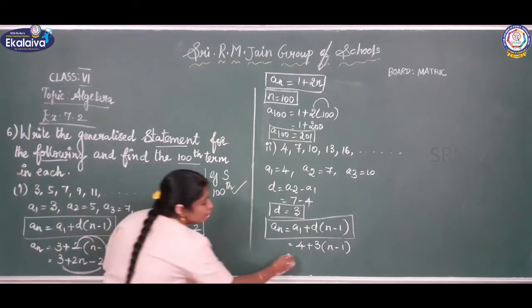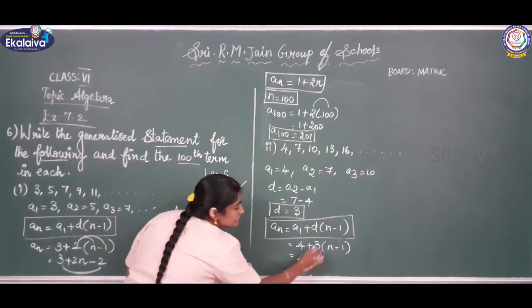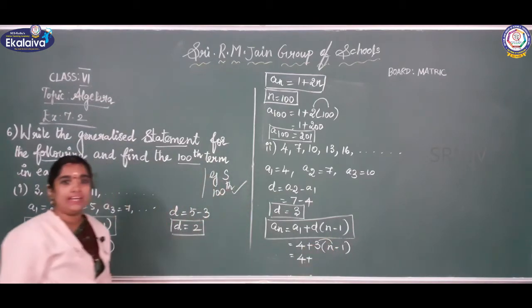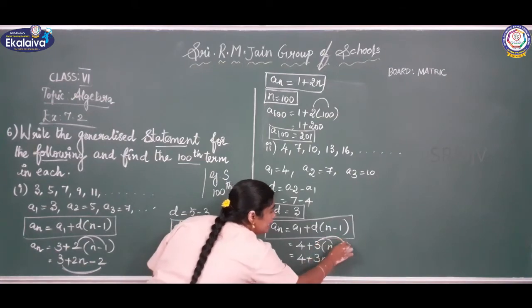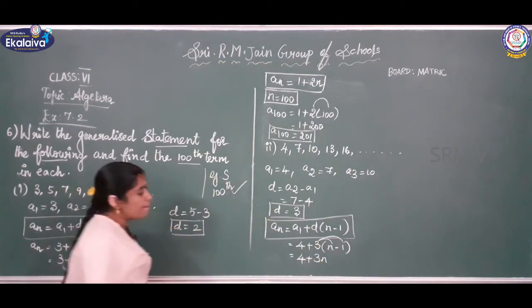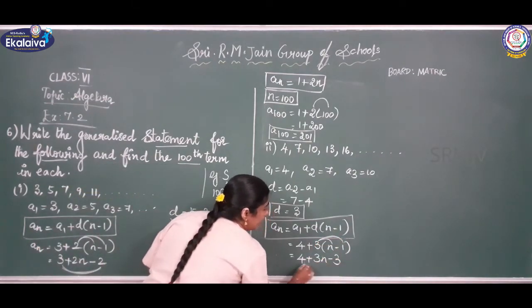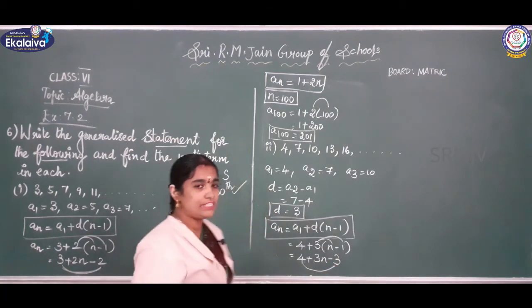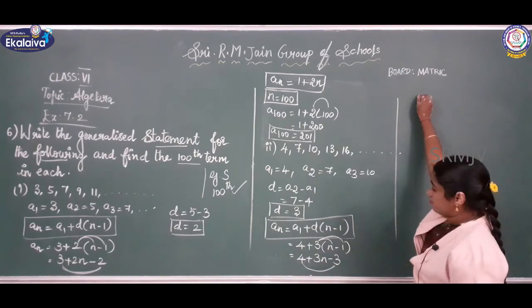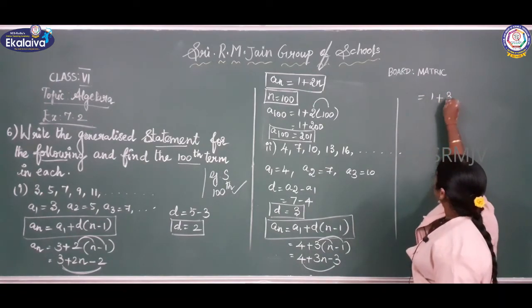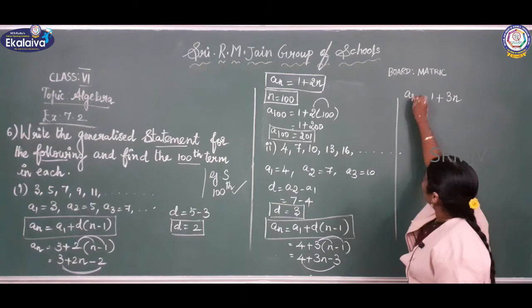So listen. 4 plus 3 into n, which is what? 3n. Okay. 3 into minus 1, which is minus 3. Again I am going to subtract this. What is 4 minus 3? See, 4 minus 3 is what? 1 plus 3n. This is your An.